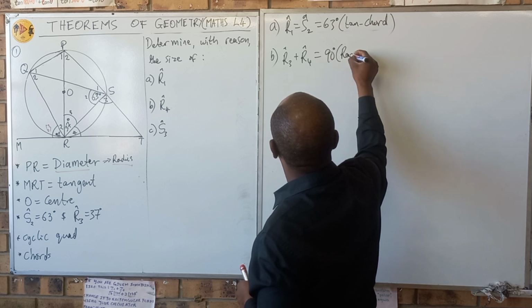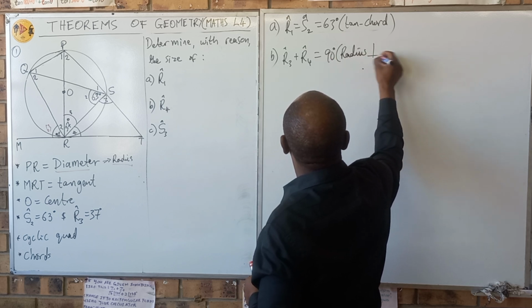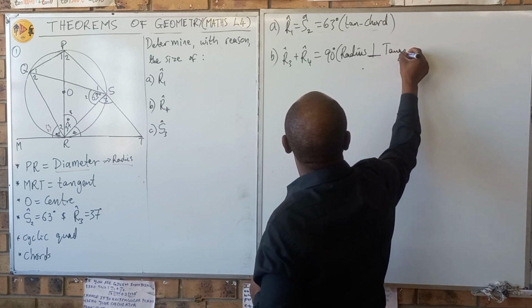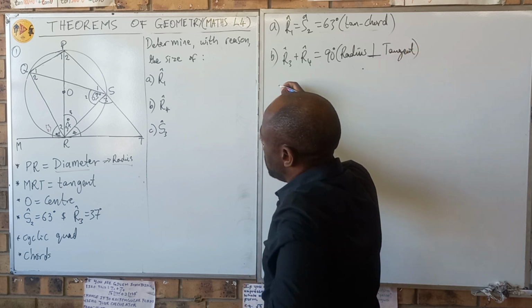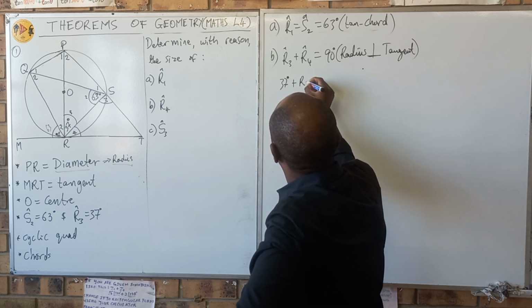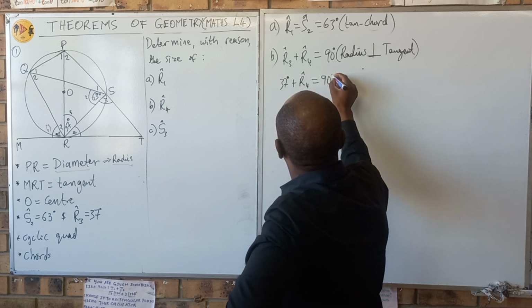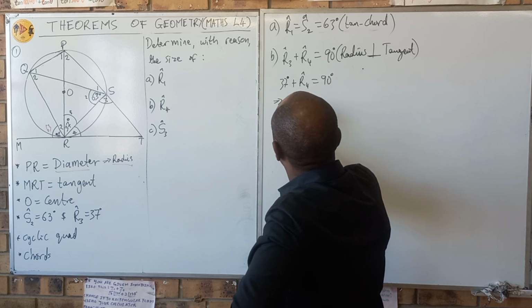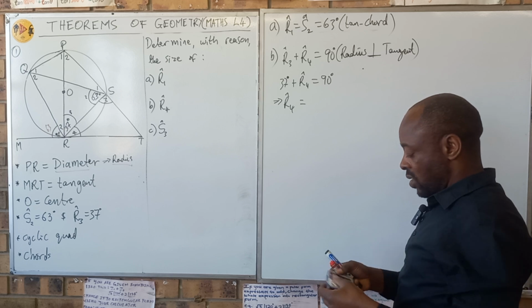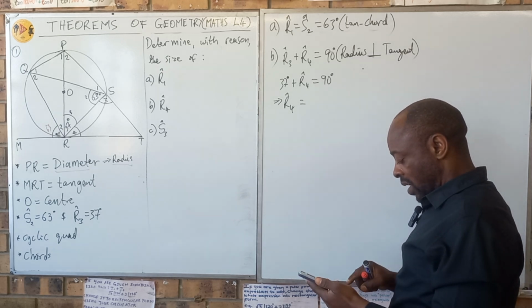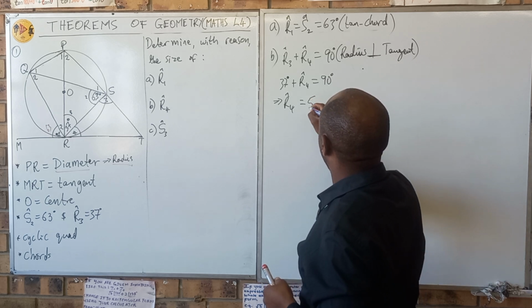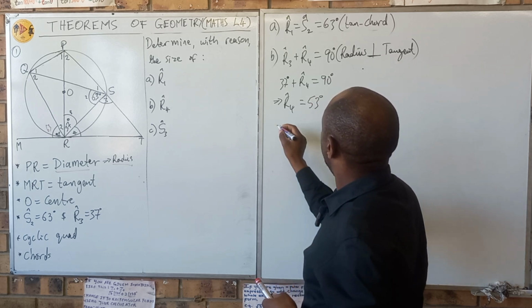R3 is given as 37, my R4 is what I'm searching for. So R4 is simply 90 minus 37. If I take 90 minus 37, I get 53. That's my R4.